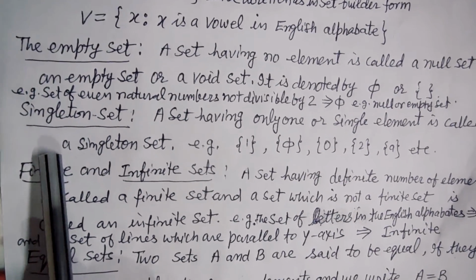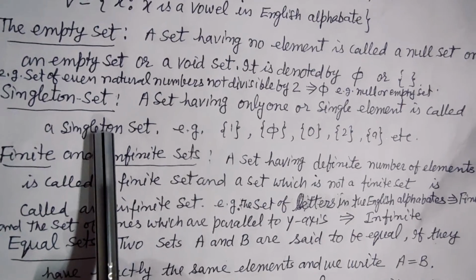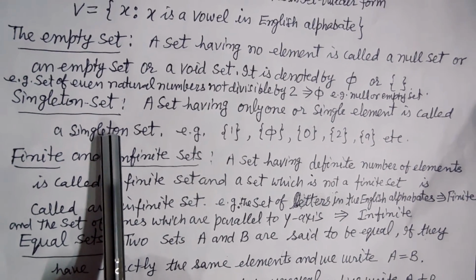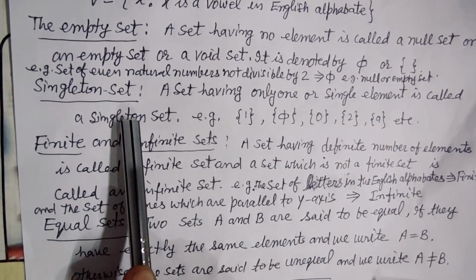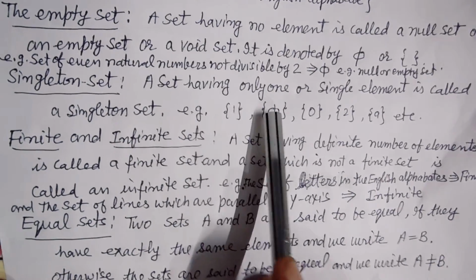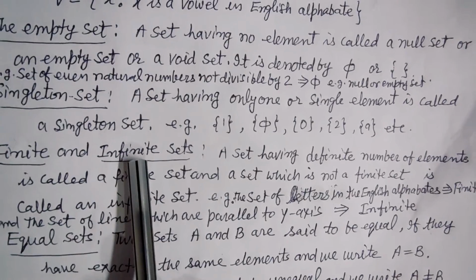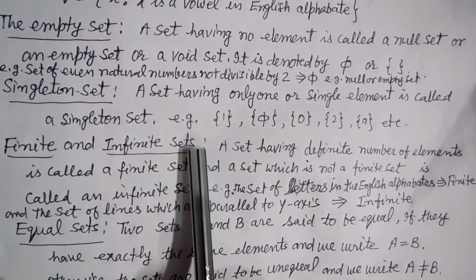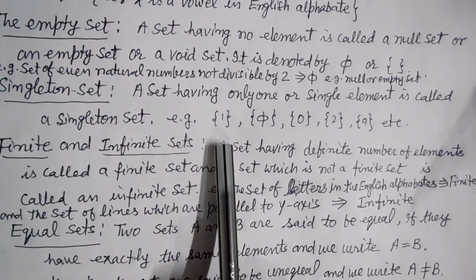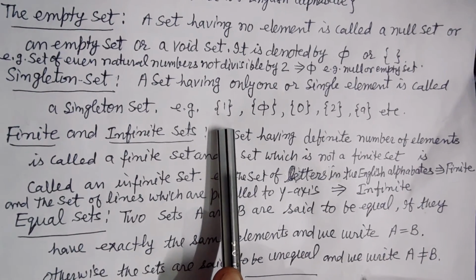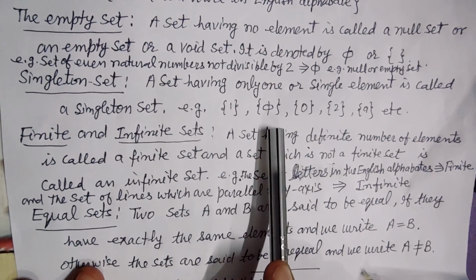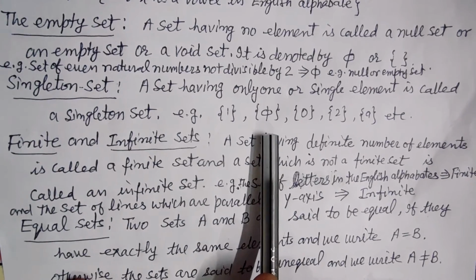Now we discuss the singleton set. Singleton means single, that is, only one. So a set having only one or single element is called a singleton set. For example, in curly bracket we consider only one element. See here, in curly bracket we consider phi.